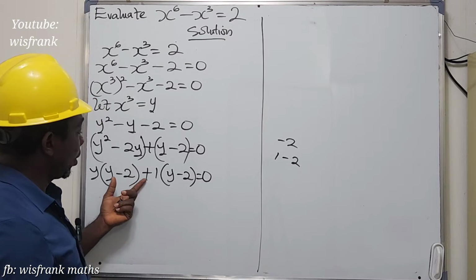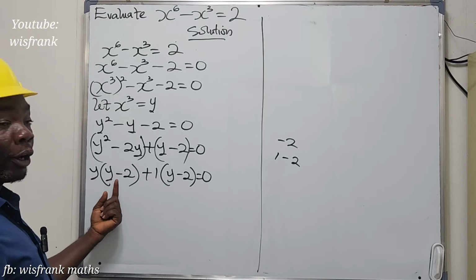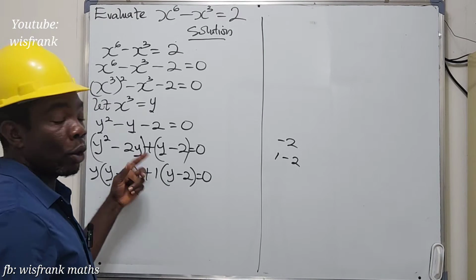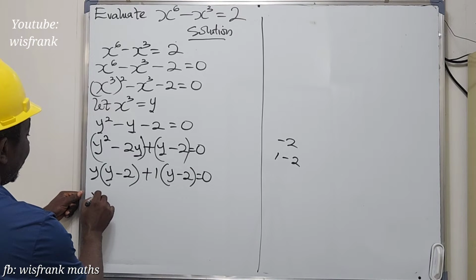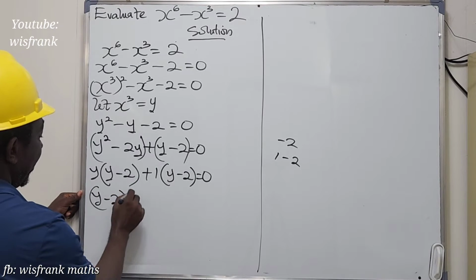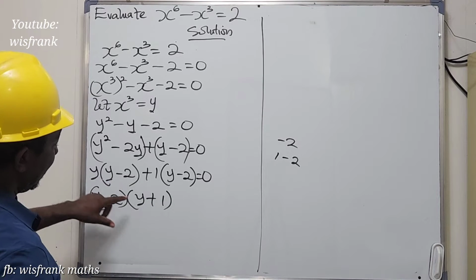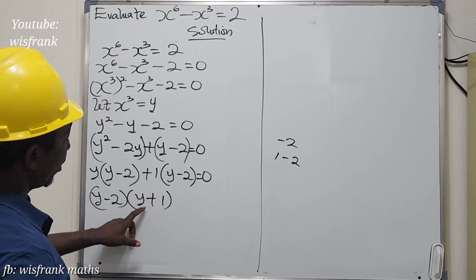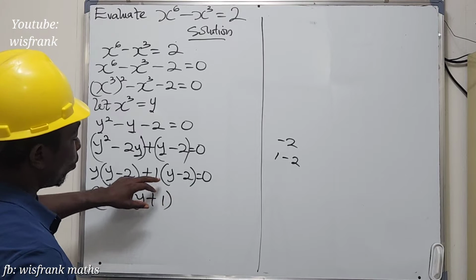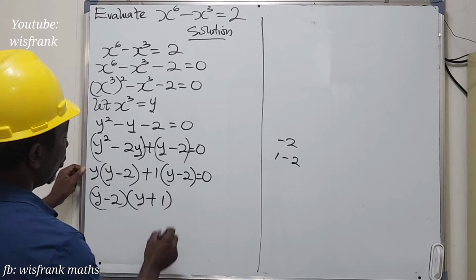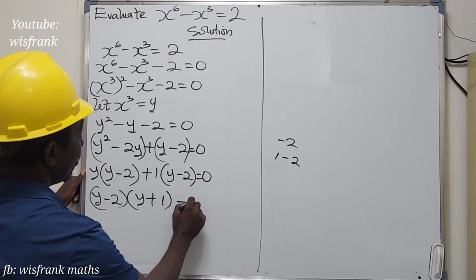So in this case, we have y minus 2 here is common. We take 1 and factor it out. We have y minus 2 into y plus 1, because this divided by y minus 2 will give us y, and this divided by y minus 2 will give us 1. So this is equal to 0.